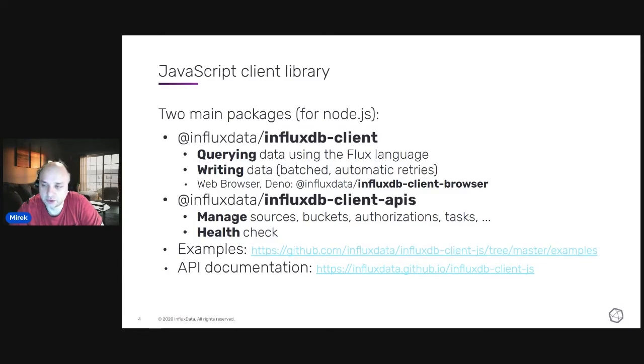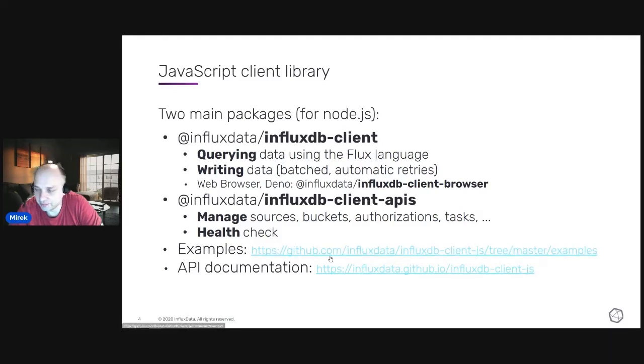That's why it's also separated into two packages. The second one, the InfluxDB client APIs, is responsible for managing the configuration of InfluxDB. So if we want to create tokens or new buckets, for example, this is the right package. You can also do the health check there.